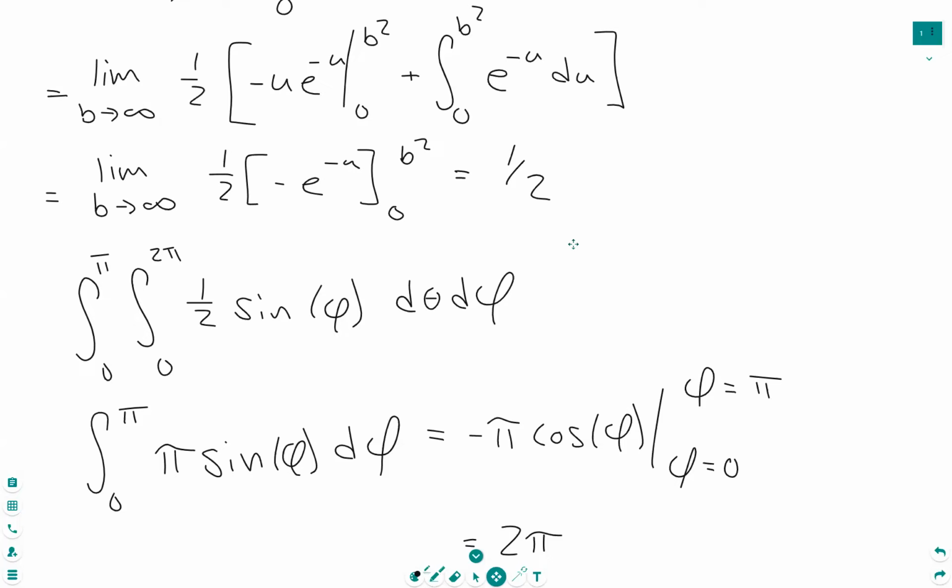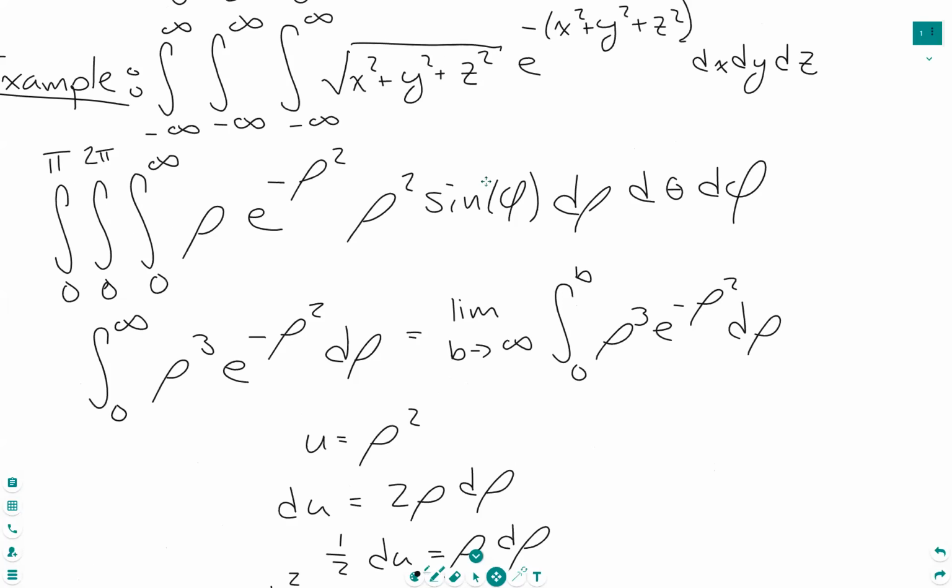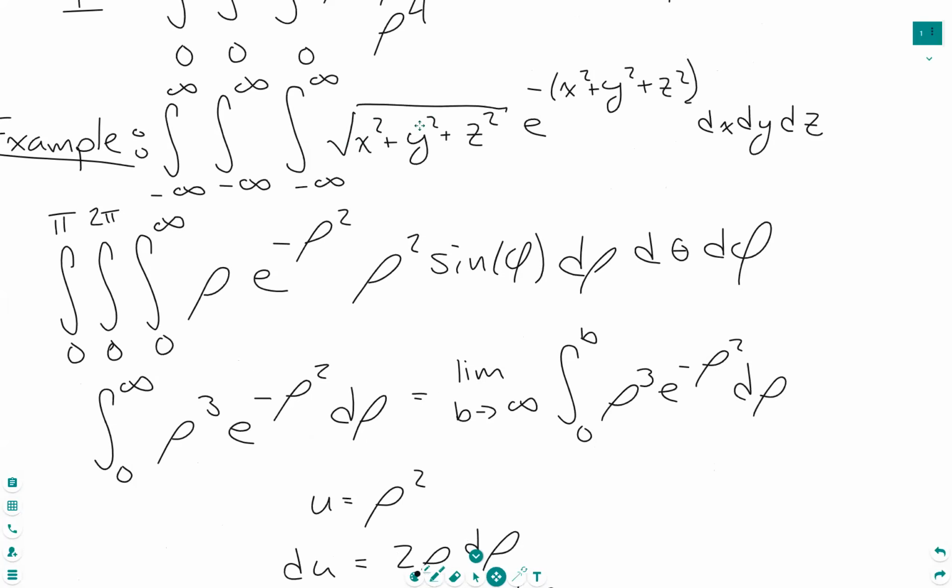You mean if we had a z inside this integrand now, or something else? The reason why I chose spherical for this is because I saw a lot of x squared plus y squared plus z squareds. If I had an extra z in the integrand, I would still do spherical.